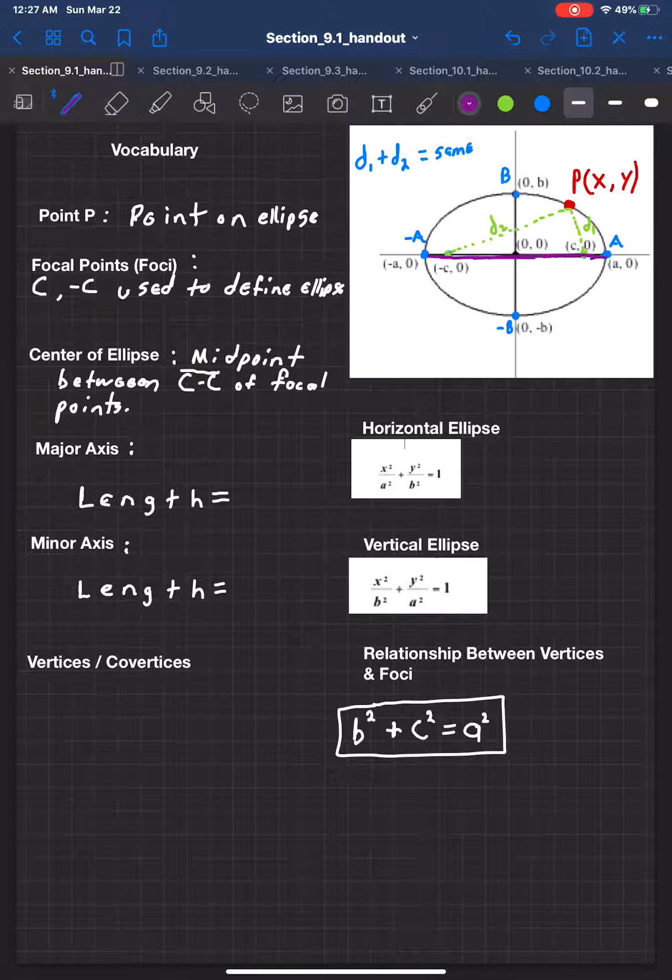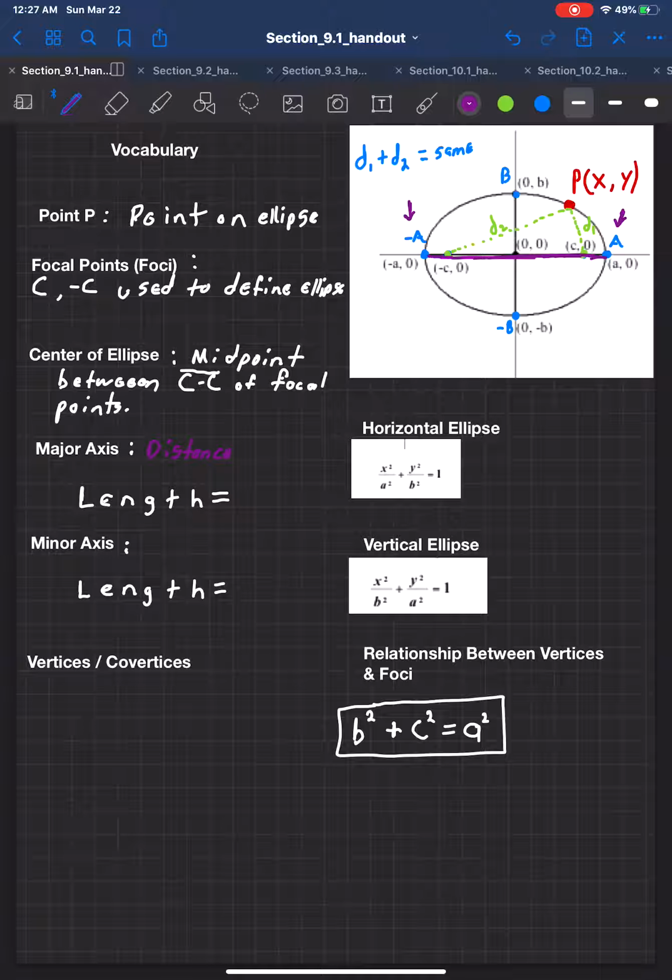Now, we give these a name. These are called vertices of the ellipse. But since I haven't got to that yet, I'm just saying the major axis is the distance. This is the key word.